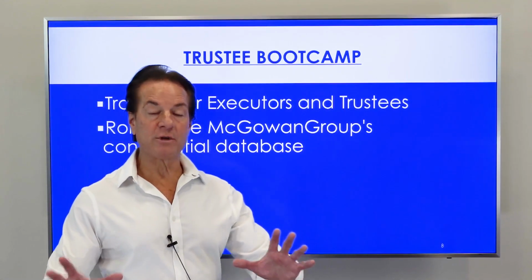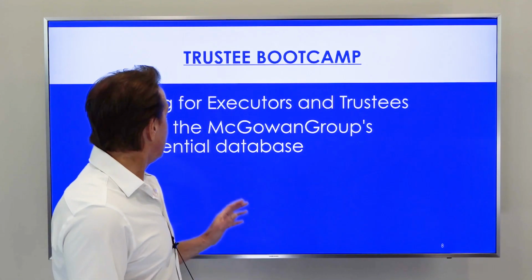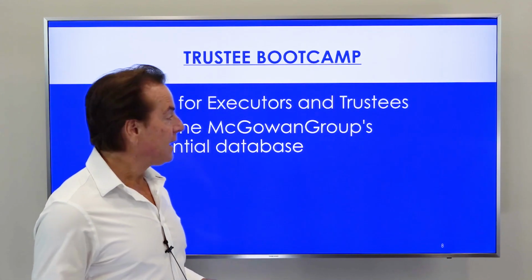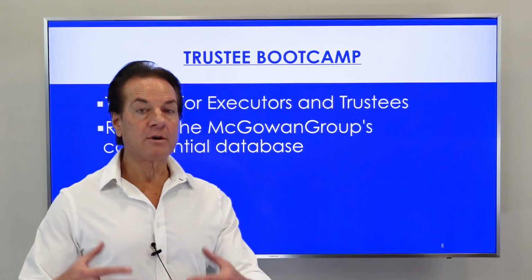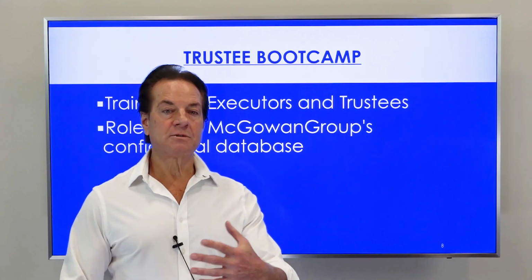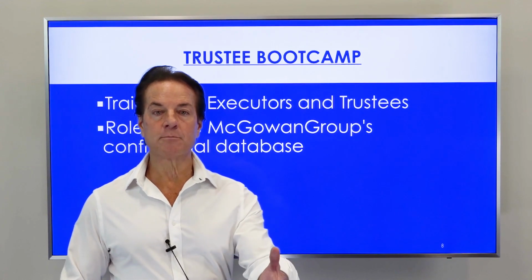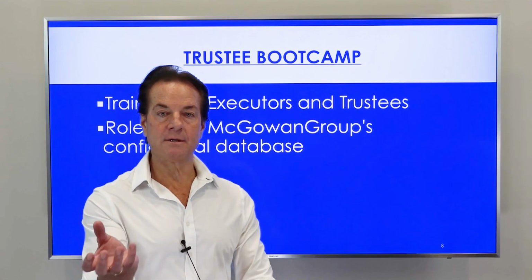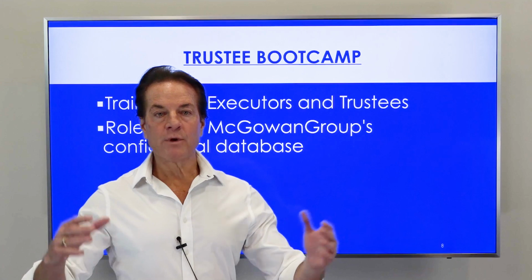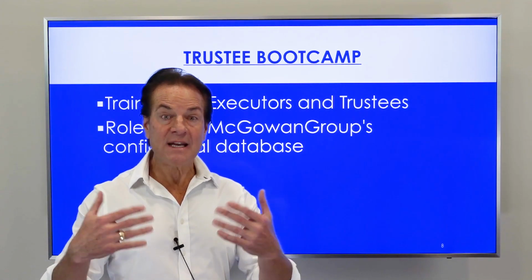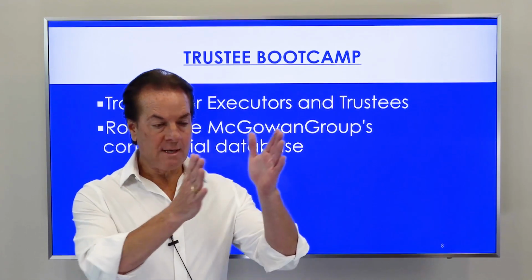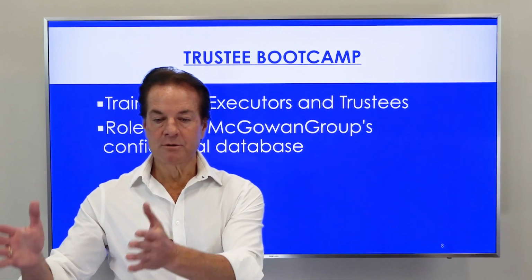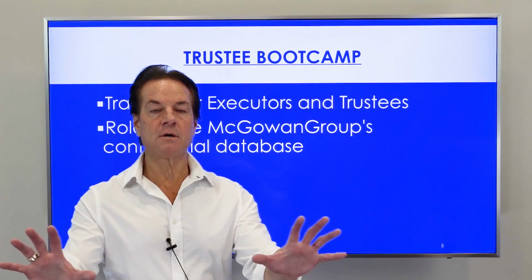This, we came up with Trustee Bootcamp. Now, Trustee Bootcamp is for your executor and trustee initially. Very simple process. Let's take the trustee for a family or a beneficiary on the IRA that's going to be the executor. We get them in the database because they need to know who we are, right? And we keep confidence, there's a silo of confidence between adult households.